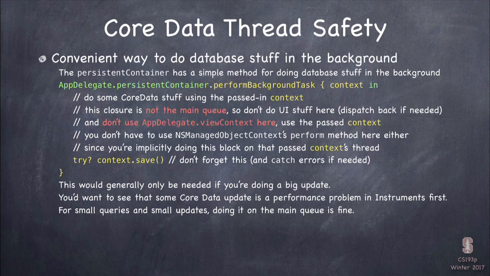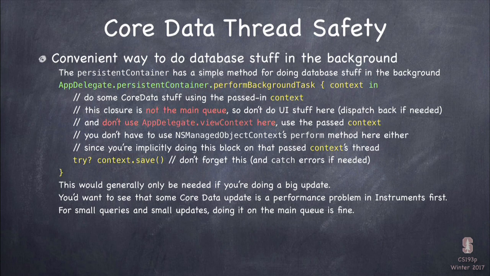The argument is a context, and that context is appropriate for use on this other thread that this is going to create for you. So perform background task finds another queue, not the main queue, some other queue, and it creates a context in that other queue, and it executes your closure on that other queue in the background.